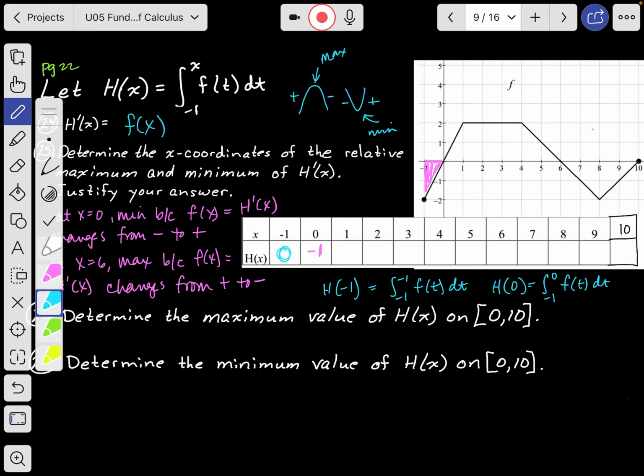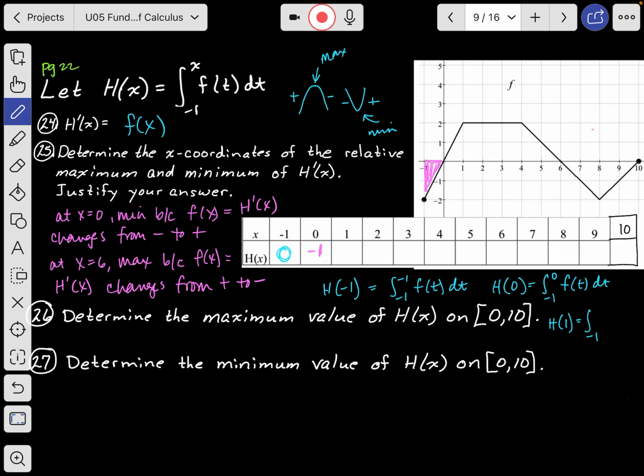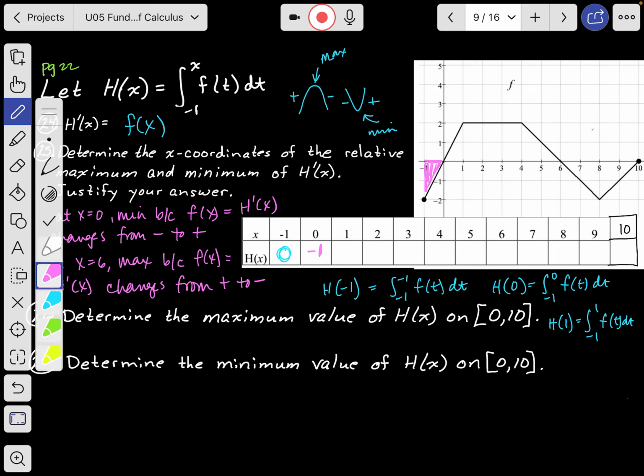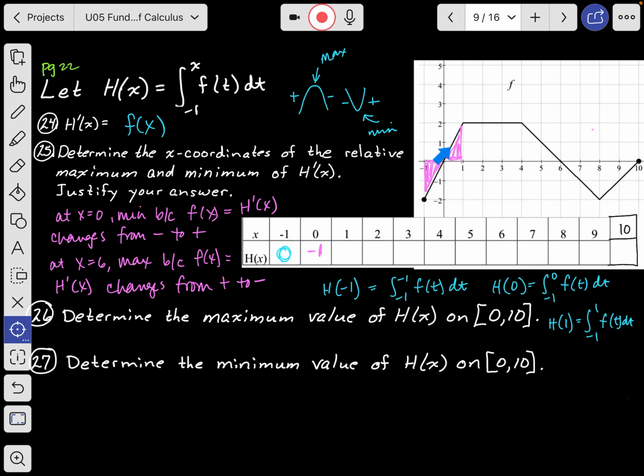Okay, and now I'm just going to keep working down. My next integral would be h of 1. So that's the integral from -1 to 1. So I'm going to add in another 1, but this time these two areas are going to cancel out, and I'll have 0.